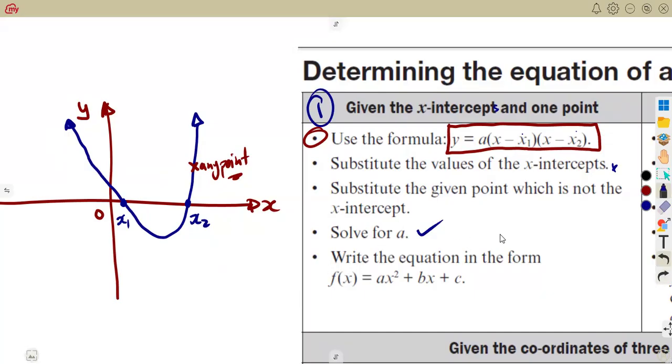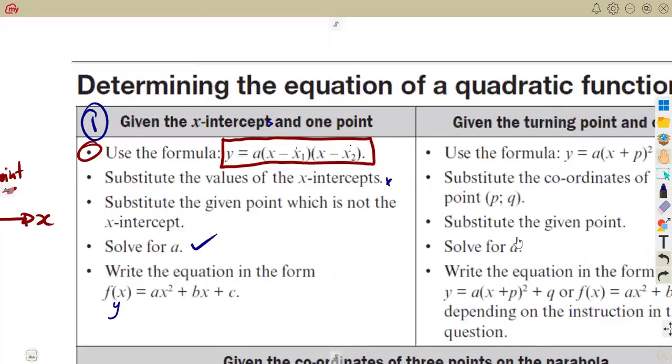After determining this, you substitute again so that you can rewrite the equation of the function in this format. Remember our quadratic function, y is equal to ax squared plus bx plus c. We talked about this. I'm going to explain this with our questions.